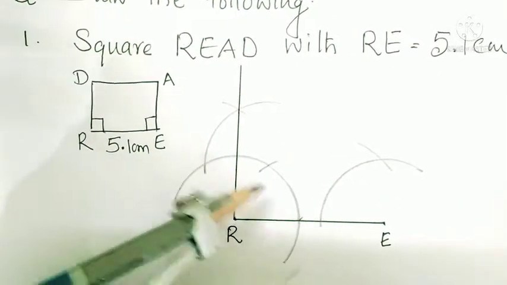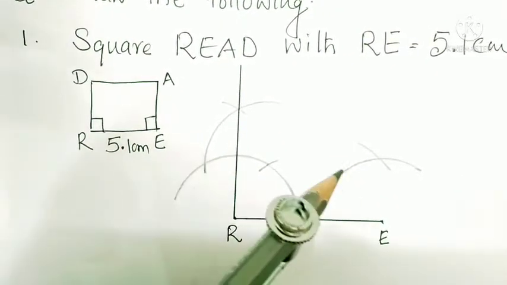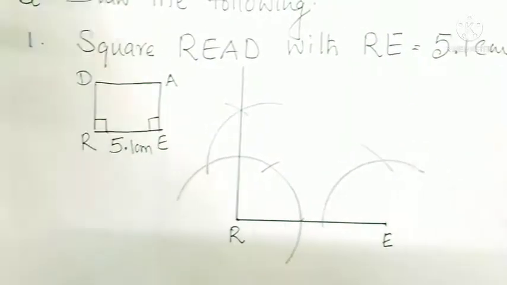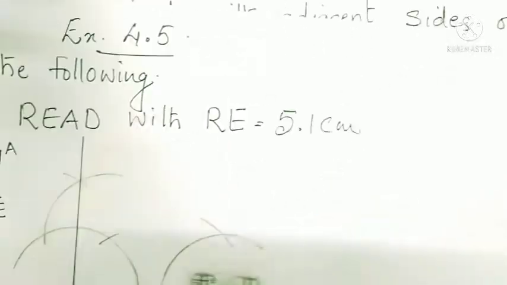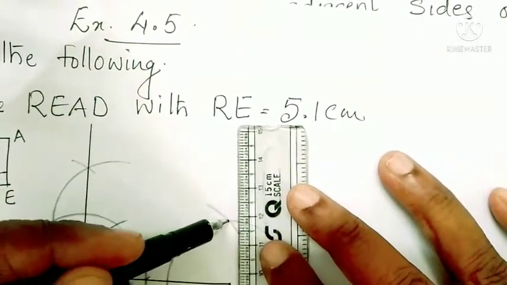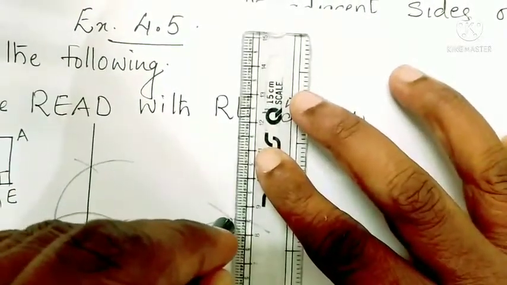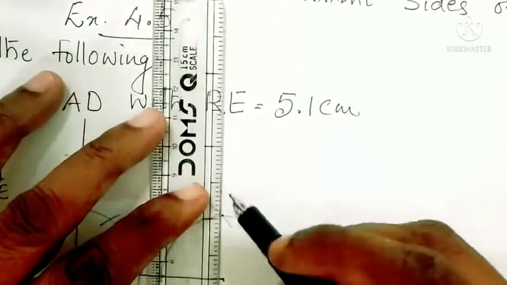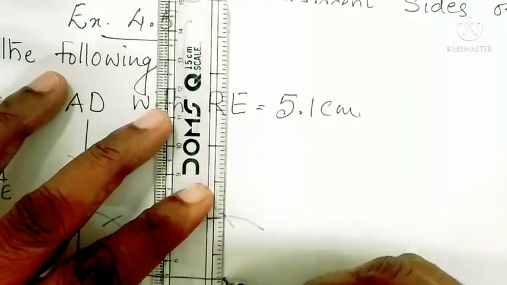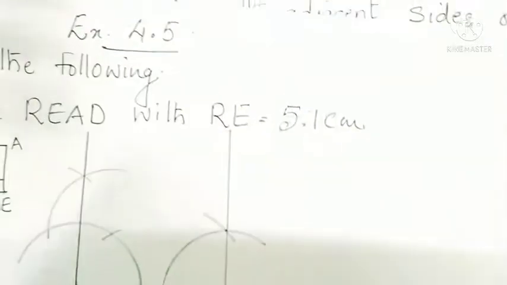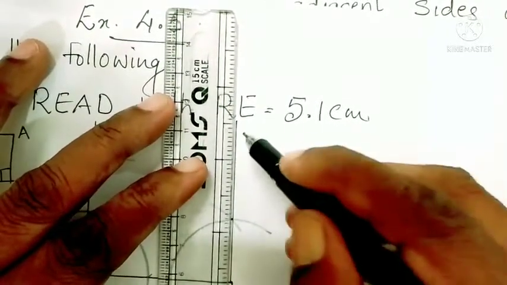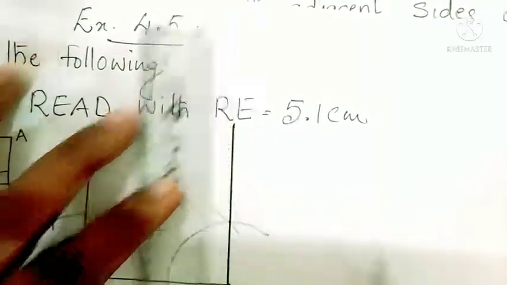What we did, we took this arc length, kept here, and drew the arc here, and then we got directly 90 degree by equal angle construction. Okay. So 90 degree line is ready. Is this clear to you? Okay.